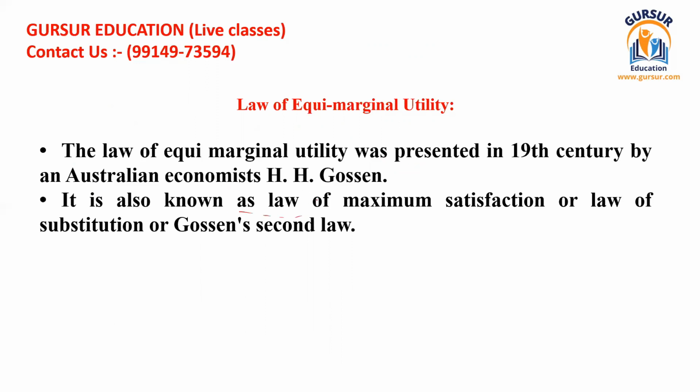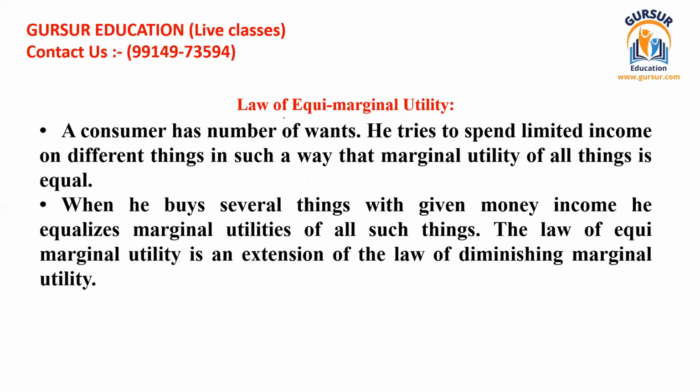This law is also known as the law of maximum satisfaction, law of substitution, or Gossen's second law. He says that a consumer has a large number of wants. You need a number of things; it's not only apples or bananas, there are a number of other fruits you need on a daily basis.